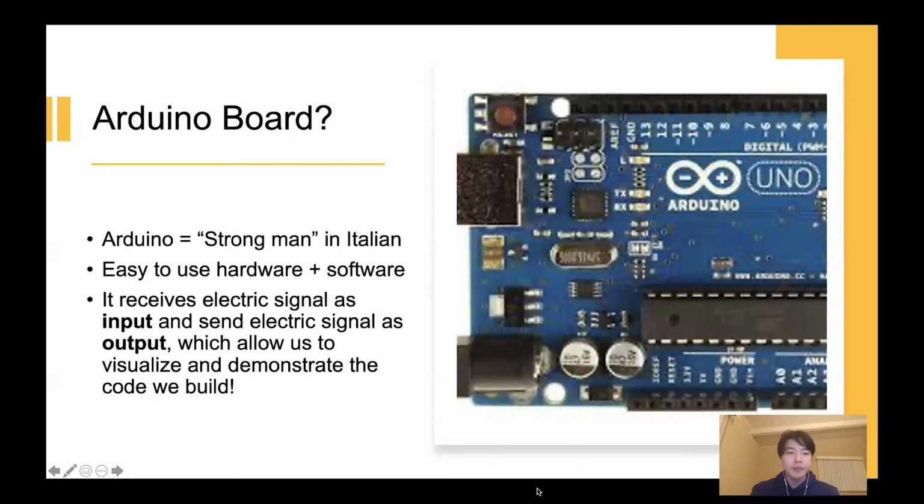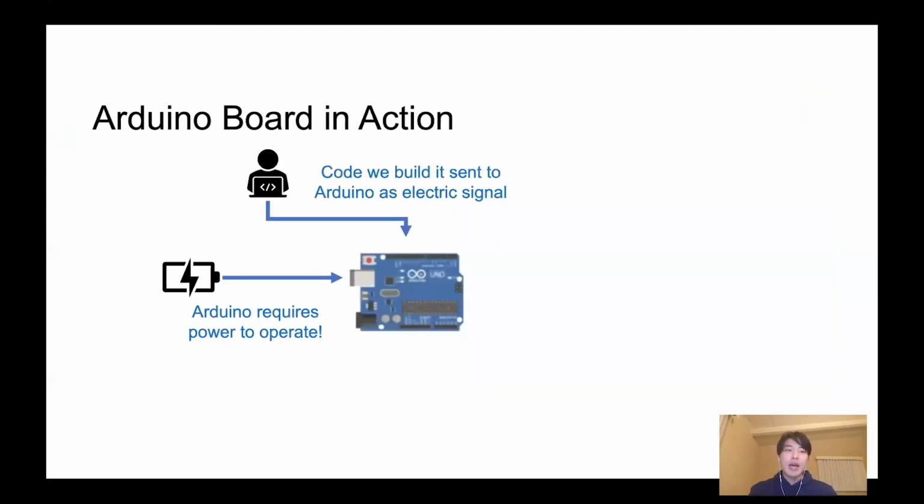Now, what this board does is it receives our instruction and gives that instruction to other electronic devices. So basically, this is like the hub. This will connect us to other electronic devices, as we'll see throughout the course. Now, how does this work? Well, I already mentioned it a little bit.